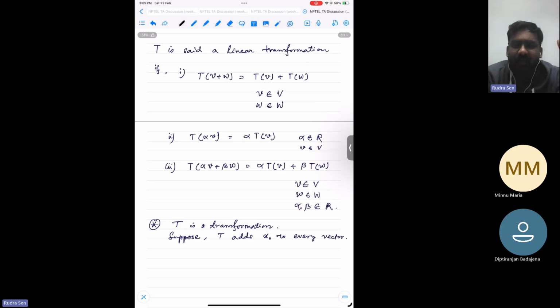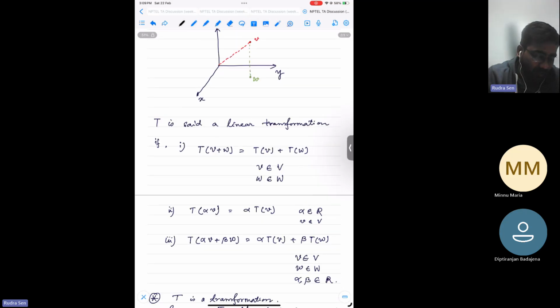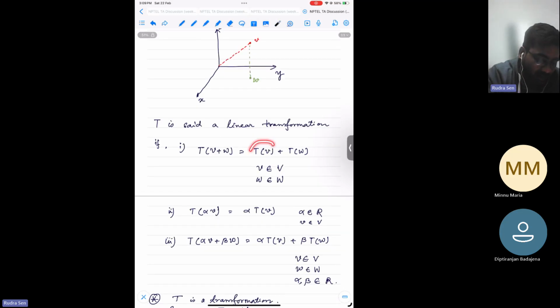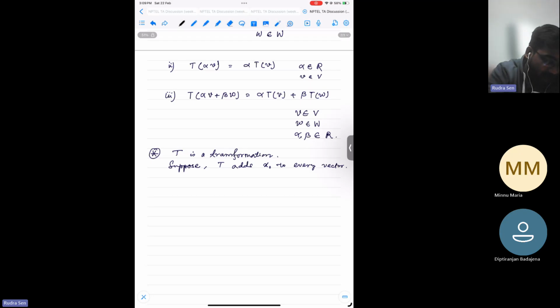I'm saying that when T does this transformation to each vector, let's say V, when I do this TV, it basically adds an X naught to that vector.